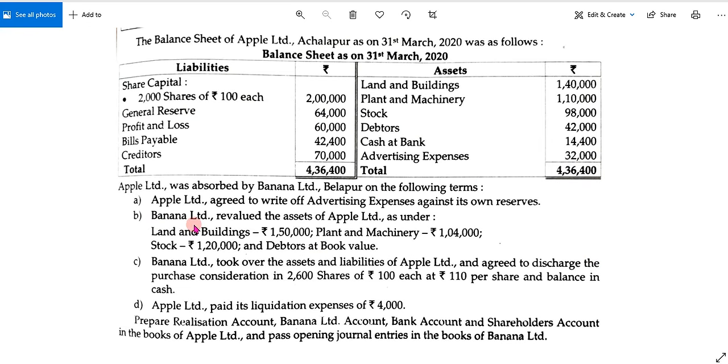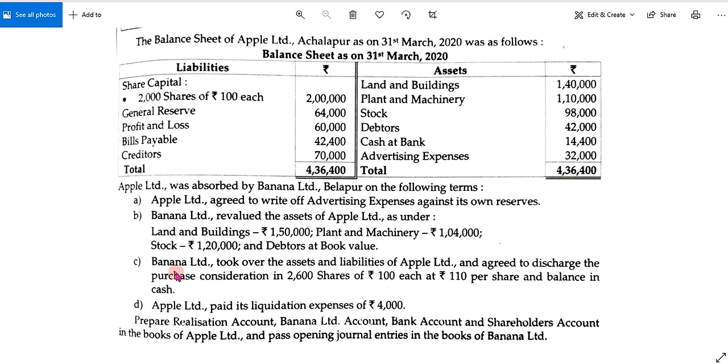Next, B. Banana Limited reevaluate the assets of Apple Limited as under: land and building 1,50,000, plant and machinery 1,04,000, stock 1,20,000, and debtors at book value. So Banana Limited is a purchasing company. It reevaluate the assets of selling company, that is Apple Limited, as under.